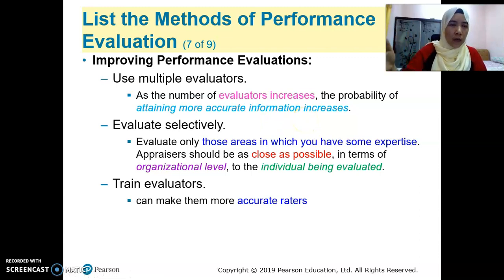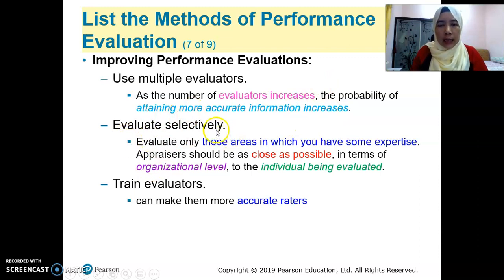Compared to using one evaluator, such as just the manager, who may be influenced by bias, prejudice, or subjective perceptions, if using multiple evaluators, the subjective bias of one individual is spread across, so it contributes only a small portion, not a significant portion, to the evaluation marks.